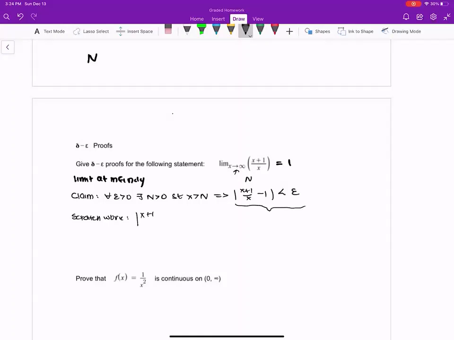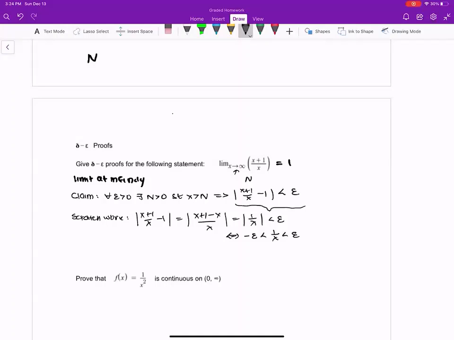So x plus 1 over x subtract 1 is equivalent to x plus 1 subtract x over x, which is equal to 1 over x. And you know that that is less than epsilon. And since we have the absolute value here, we can split it so you don't use an absolute value. So this is equivalent to negative epsilon less than 1 over x less than epsilon.